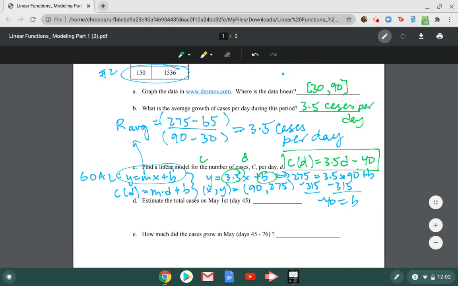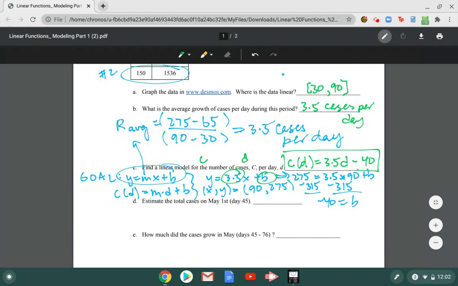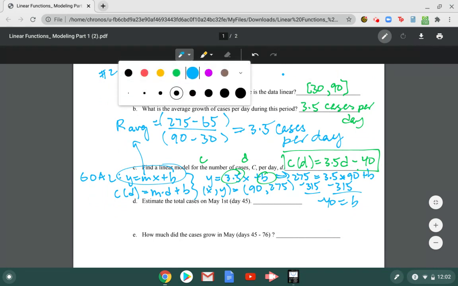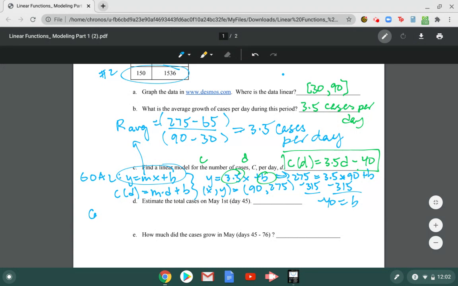Next, estimate the total cases on May 1st, which is day 45. So we want cases when D is equal to 45. Well, I have a formula for cases. Cases is equal to 3.5D minus 40. So C is equal to 3.5 times 45 minus 40.